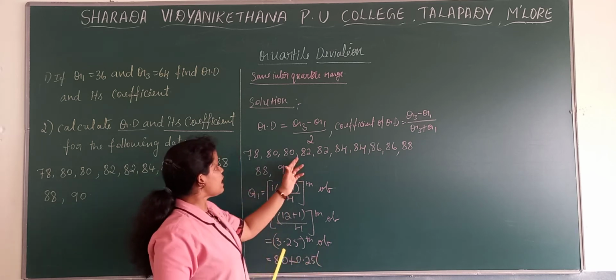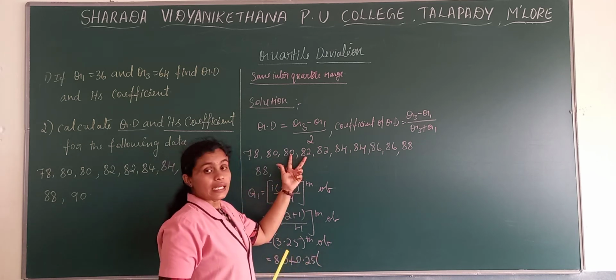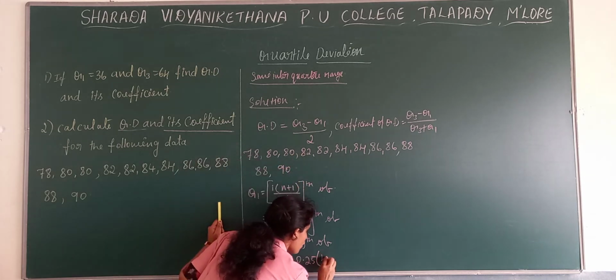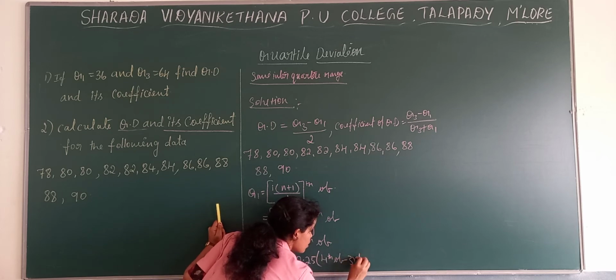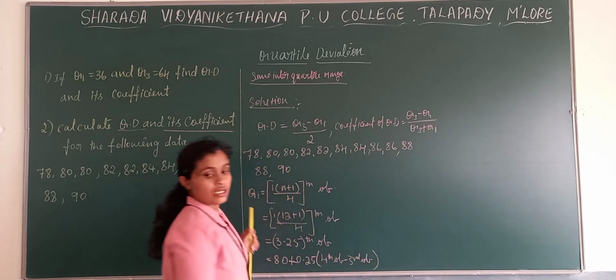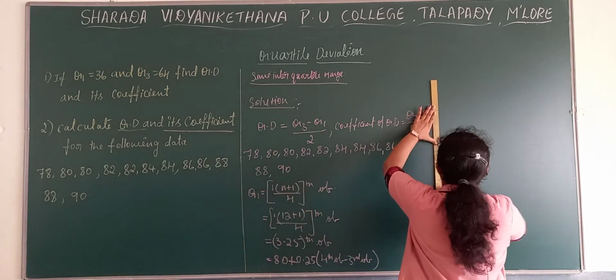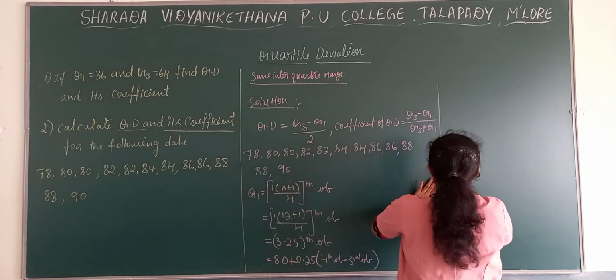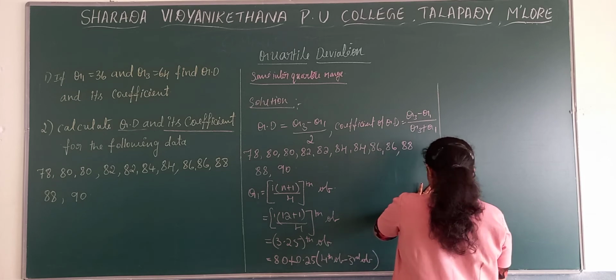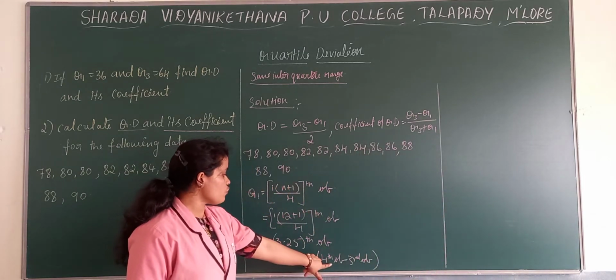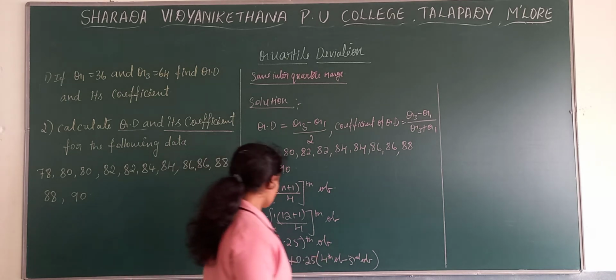But where will it lie? That 0.25 lies in between the 4th and 3rd observation. So 4th observation minus 3rd observation. This we have seen in the last classes. So 80 plus 0.25, times the 4th observation minus the 3rd observation.